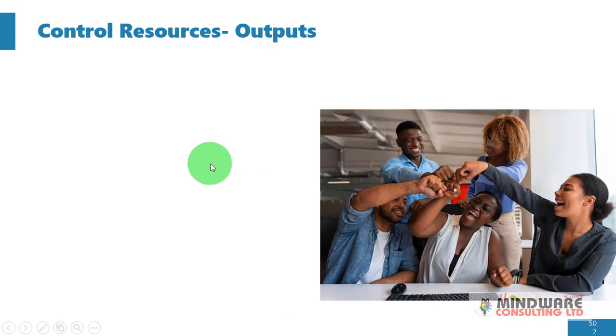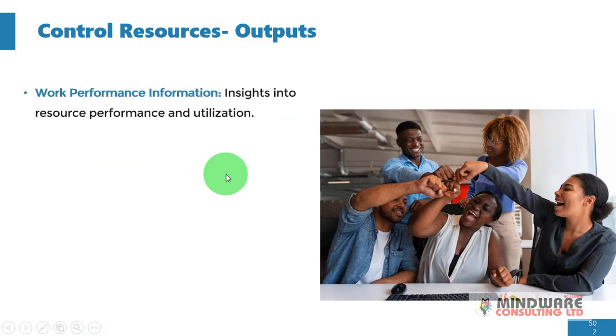So what are the outputs from this process? First is the work performance information. These are insights into resource performance and utilization. So with this document, you're going to know how the resources have been performing so far and how they have been utilized.